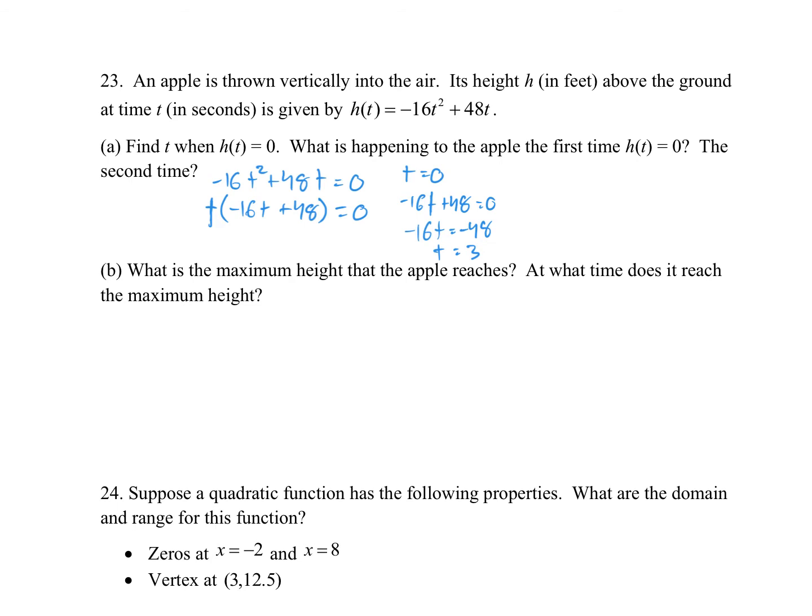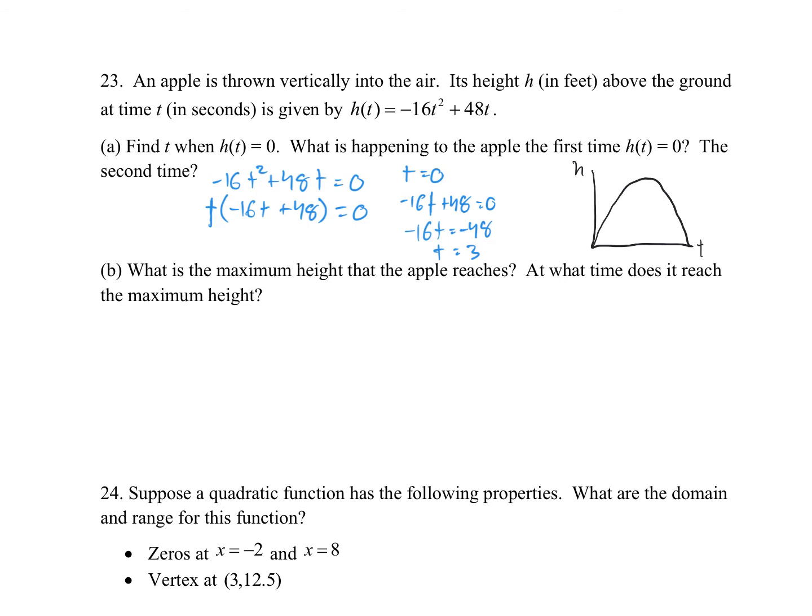And so notice that it has the first time h(t) equals 0 and the second time. So if an apple is being thrown in the air, we can imagine it on a graph that might look like this, where we have the height of the apple above the ground, h, and the time in seconds on the horizontal axis.